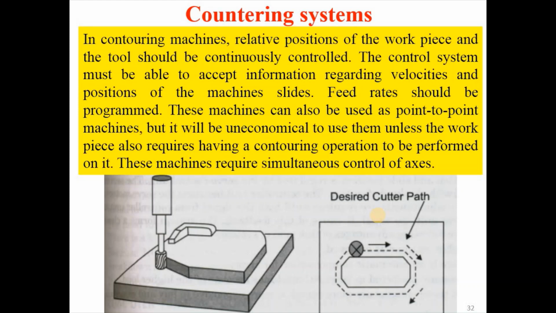We can use point to point machines also, but there is a problem regarding economy. Unless the workpiece requires a contouring operation to be performed on it, we can use point to point. Simultaneous, continuous control of the axes is required in this system, so it is quite difficult compared to the first two systems, point to point and straight cut. So where complex geometry manufacturing is required, at this time we use the contouring system.